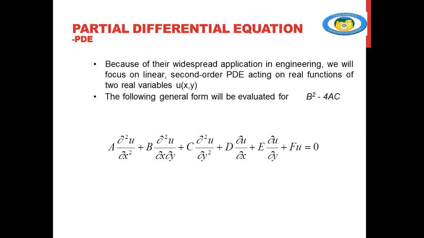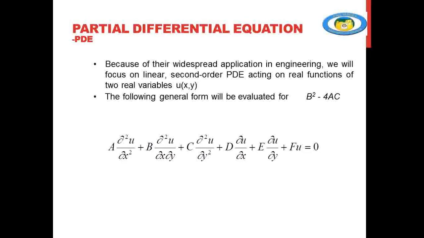So the general form is capital A times the second partial derivative of u with respect to x, plus capital B times the second partial derivative of u with respect to x and y, plus capital C times the second partial derivative of u with respect to y, plus capital D times the partial derivative of u with respect to x, plus capital E times the partial derivative of u with respect to y, plus capital F times u is equal to 0. It's a very general form for representing partial differential equations.